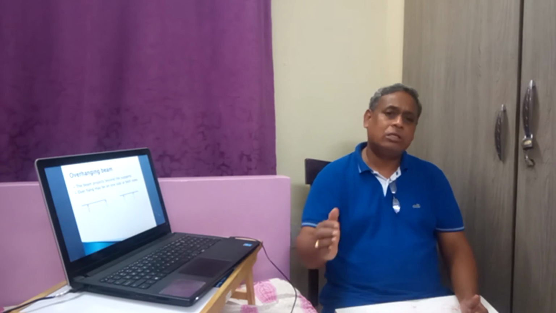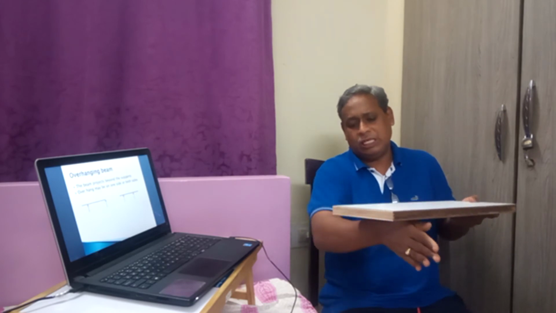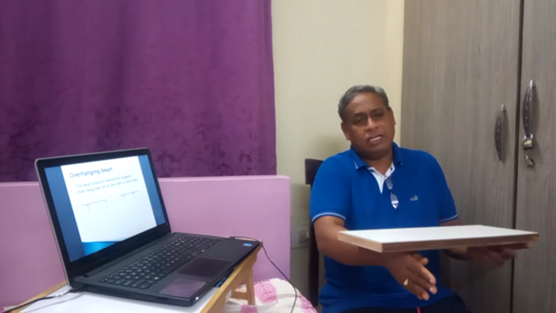That is, beyond the supports there will be some extension. That is, the beam is projecting beyond the supports. Suppose I say these are two supports, and this portion is extending beyond my hand, that is the support. Then this will become the case of an overhanging beam.